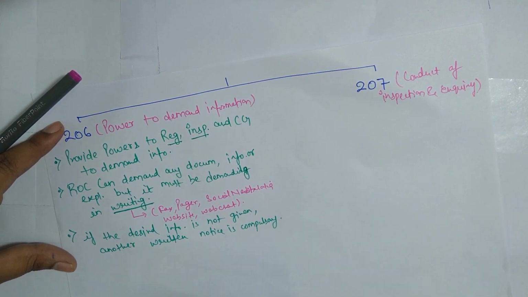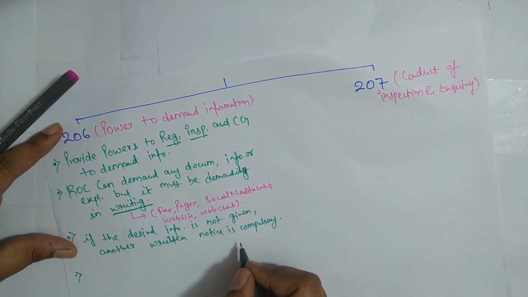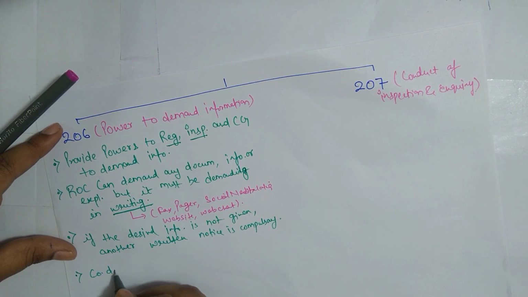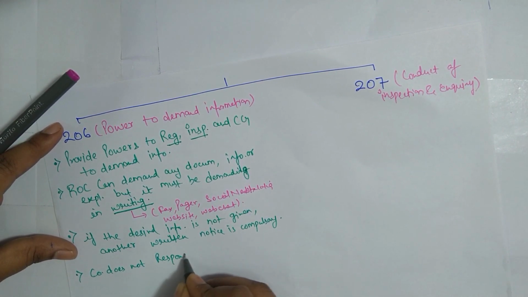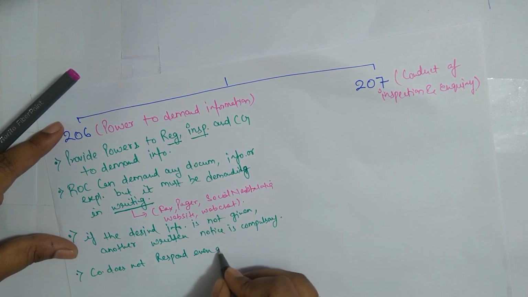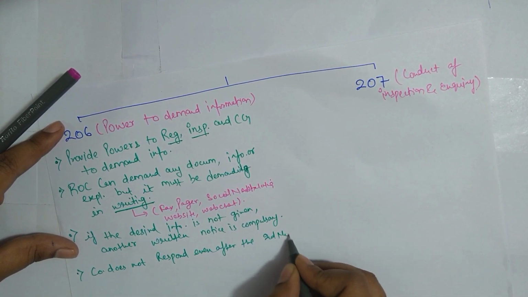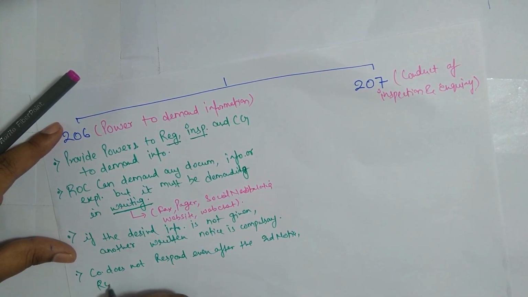If the company does not respond even after the second notice given by ROC, then ROC can take appropriate action.